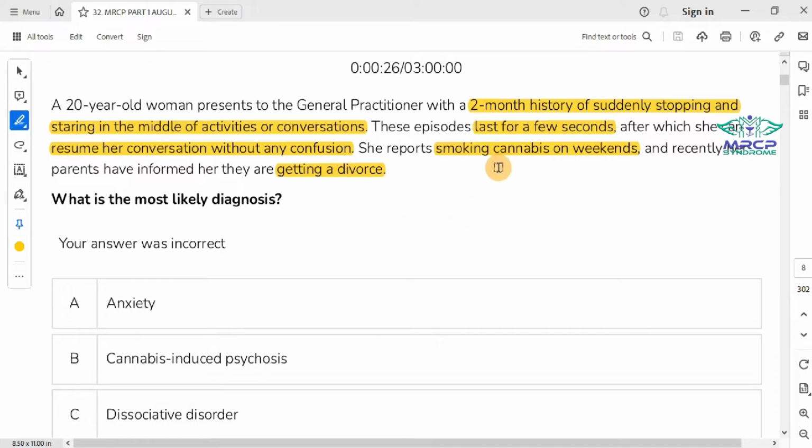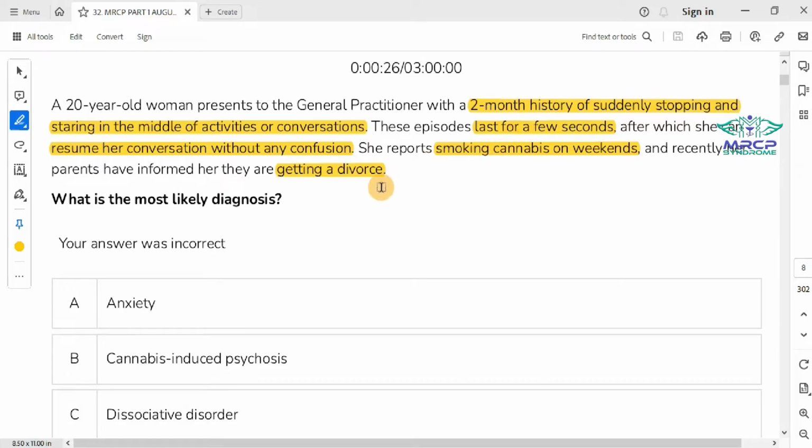So this patient comes up with sudden stopping and staring in the middle of activities or conversation lasting only a few seconds. This is highly suggestive of a seizure, and the fact that the patient resumed her activity without confusion supports that the seizure type does not impair consciousness completely, pointing towards the focal awareness seizure.